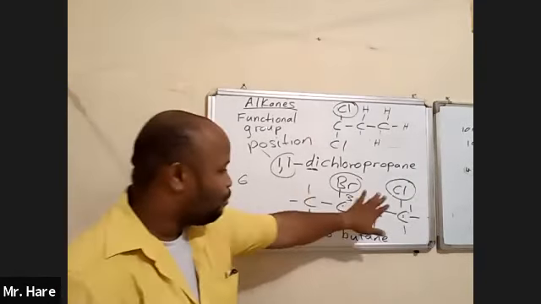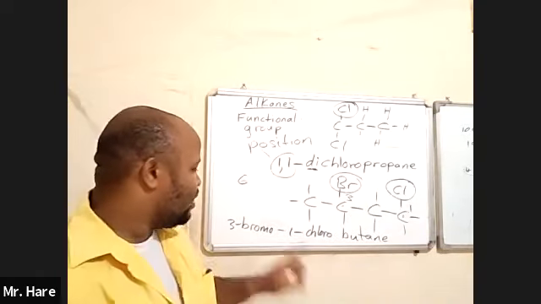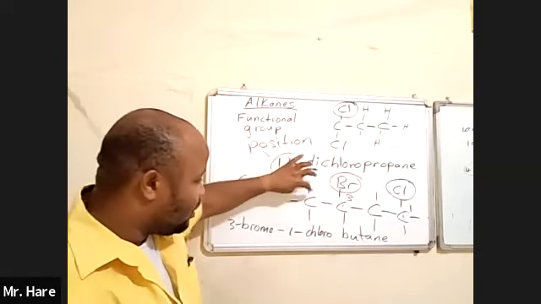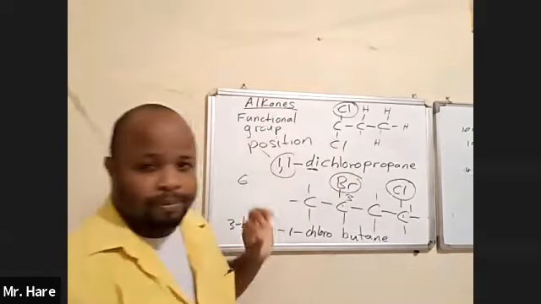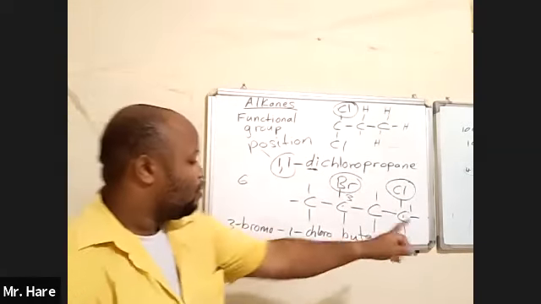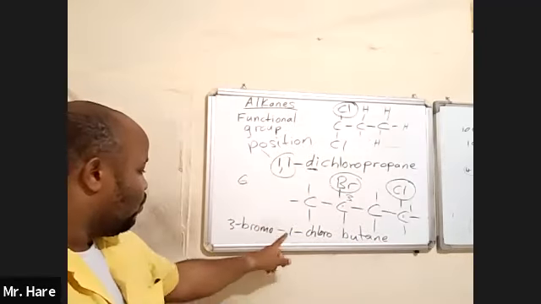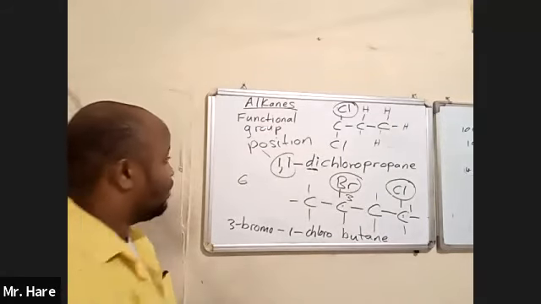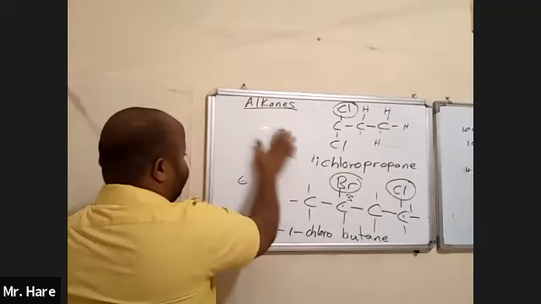So the bromo comes before chloro. And we count in the direction that gives them the lowest number possible. If we count in this direction, it would have been 2, 4, right? If we count in this direction, it's 1, 3. So we choose 1, 3 versus 2, 4. All right? So I'm going to move on to the reactions.